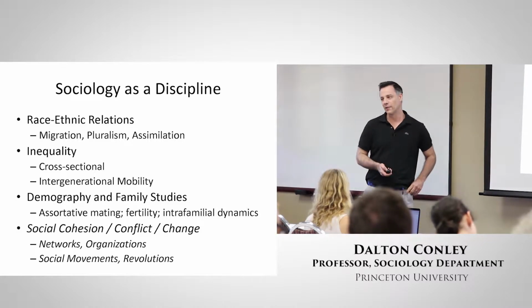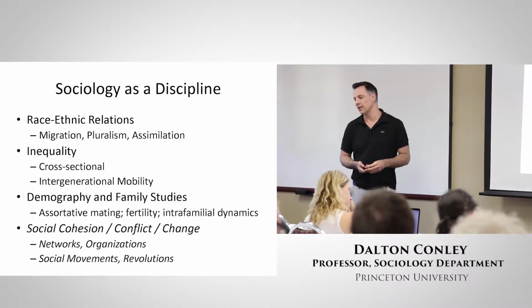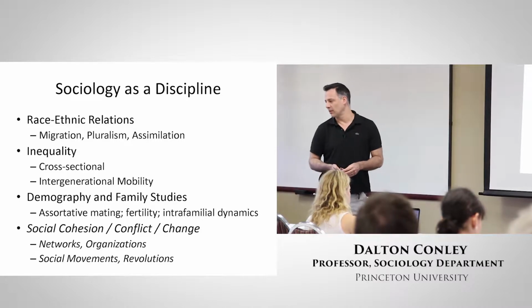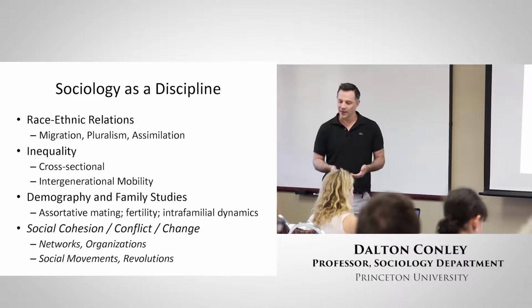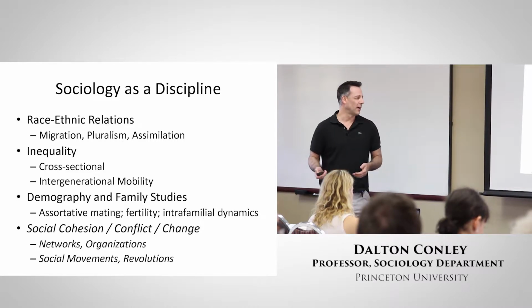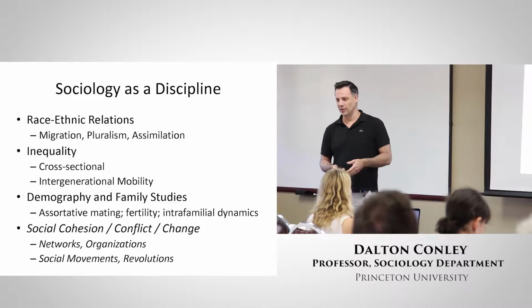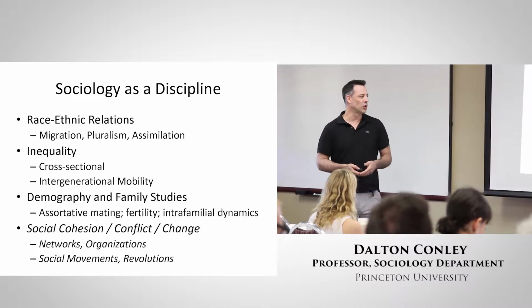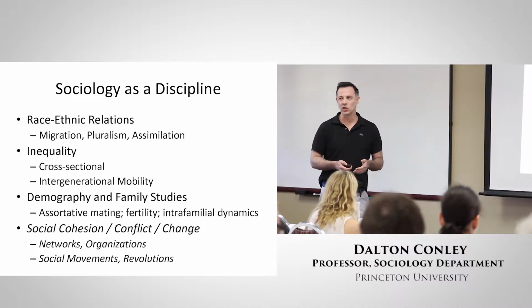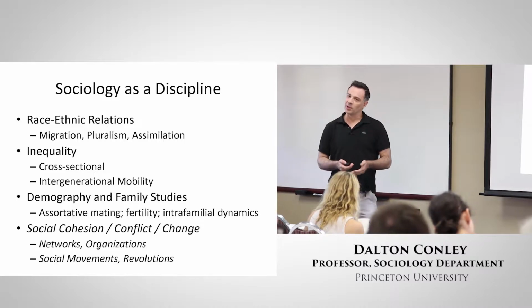Also, another big area of sociology is demography and family studies, assortative mating, differential fertility, intrafamily investments, also overlap with economics. And finally, something I won't talk about today, I'll give examples of the first 3, but social cohesion, conflict, social change, networks and organizations.